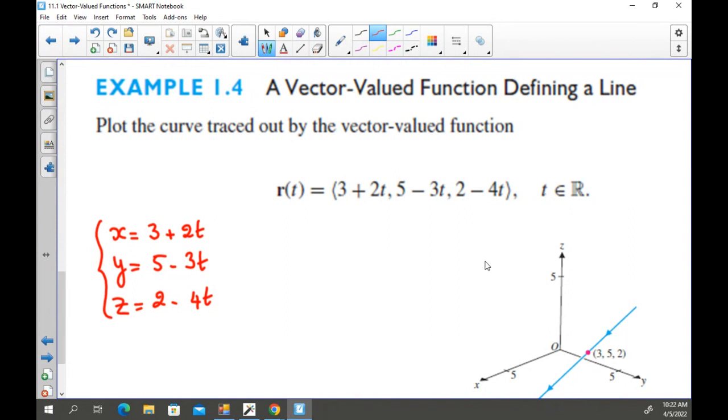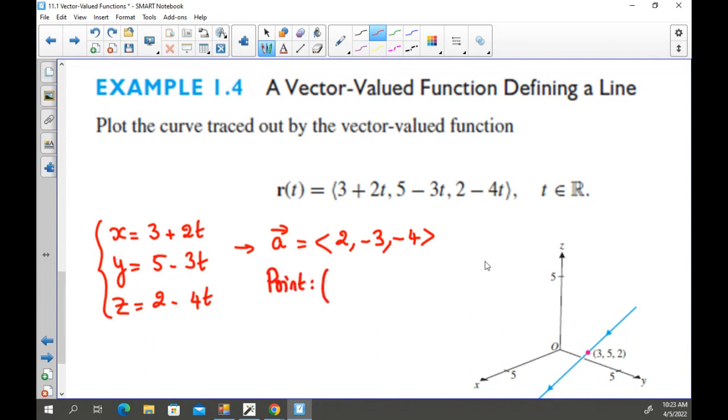In which direction? What is the direction vector of this line? Do you remember? 2, minus 3, minus 4. This is the direction of the line. It's in the direction of this vector A. And it goes through the point.